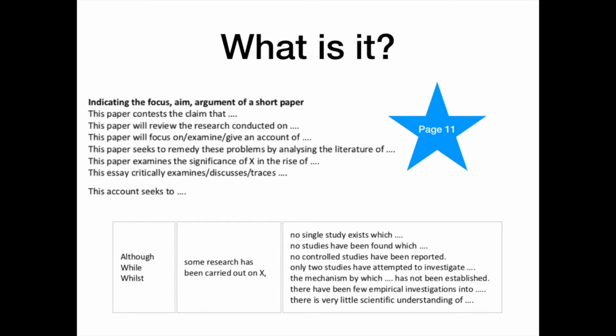One of the major goals of your thesis is to show where there's a gap in the research or where something is missing, and that what you write is going to introduce some new knowledge. The box on the bottom of the screen shows you several patterns that you can use. You can start out with the 3 transition words there.